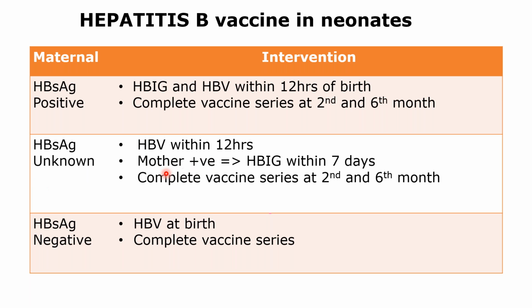If the mother comes out to be positive, then administer hepatitis B immunoglobulin to the baby within 7 days of life to prevent vertical transmission or to prevent hepatitis B infection in the baby and complete vaccine series at 2nd and 6th month. Now, if the mother is HBsAg negative, then you have to give HBV, hepatitis B vaccine at birth and complete the vaccine series. And of course, you do not need a hepatitis B immunoglobulin in that case. Okay.